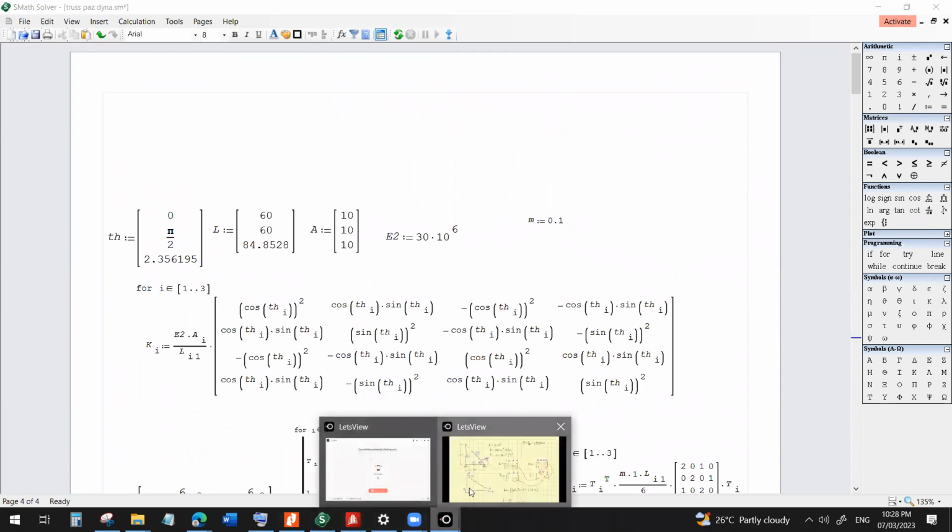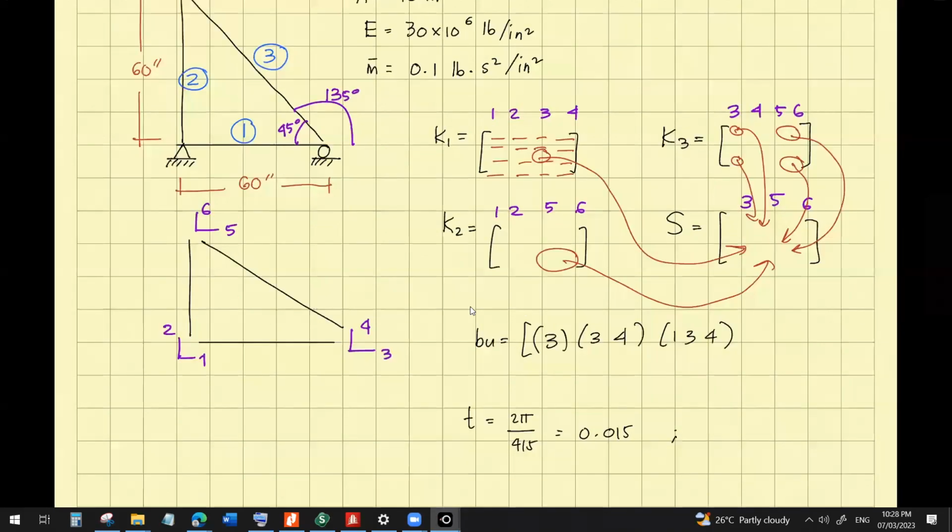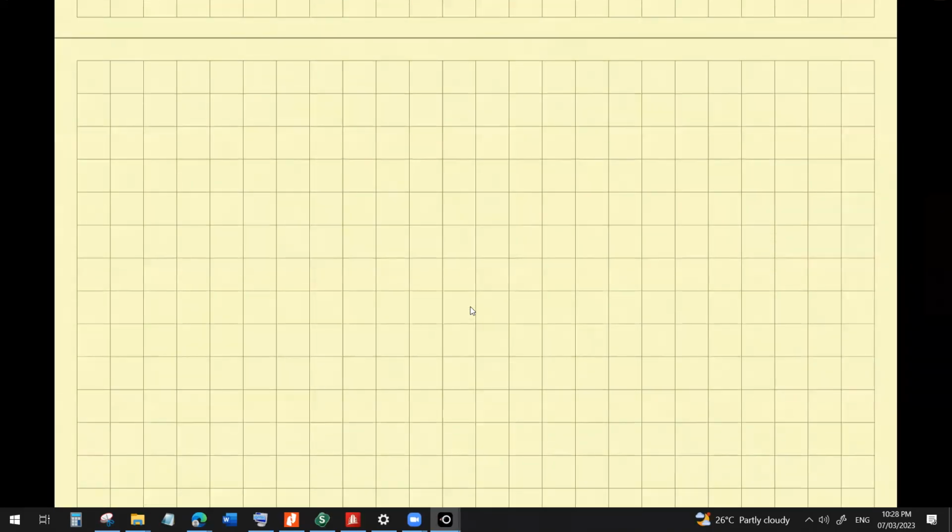Now let's now try another Truss problem. Example, we have this kind of truss.